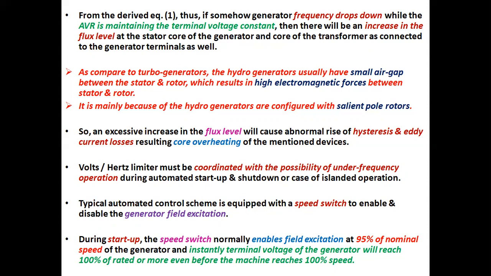As compared to turbo generators, hydro generators usually have a small air gap between the stator and rotor, which results in high electromagnetic forces between stator and rotor. It is mainly because hydro generators are configured with salient pole rotors.